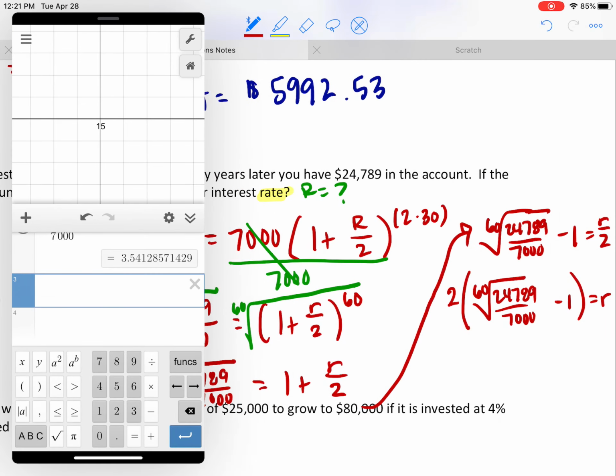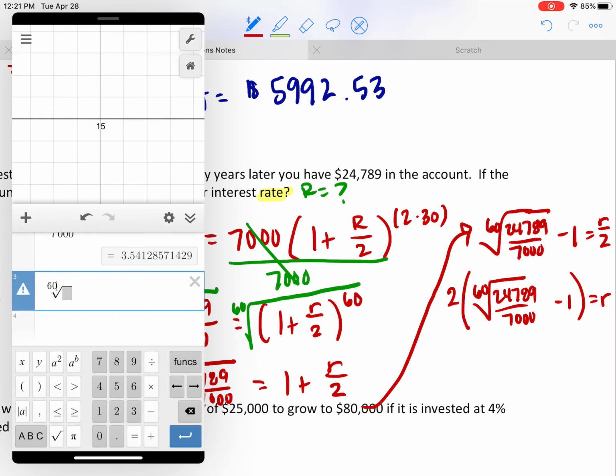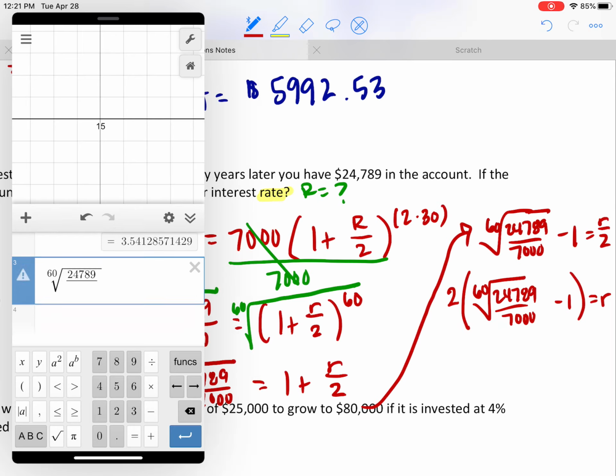And then I have to multiply both sides by 2 to get rid of that division. So it's 2 times the 60th root of 24,789 over 7,000 minus 1 equal to r. That is a big mess there, but the calculator is going to handle it.